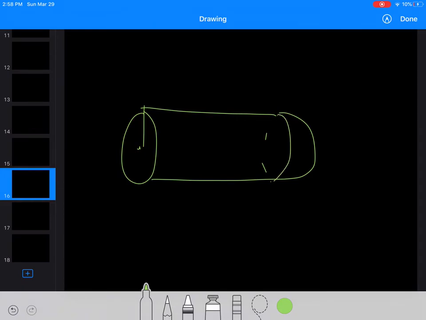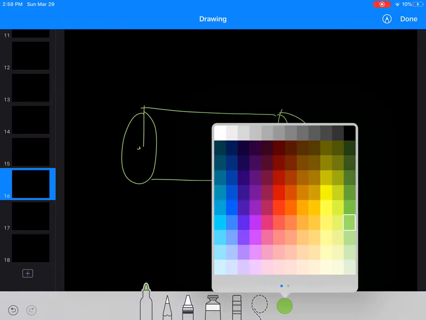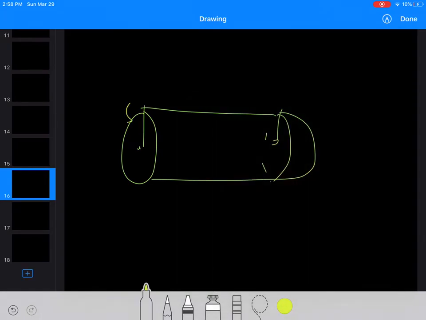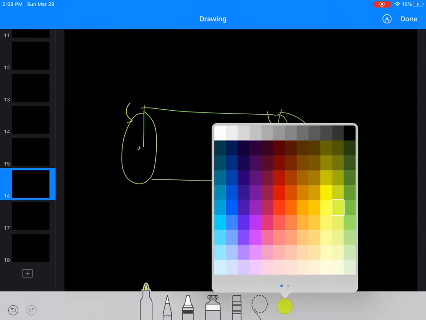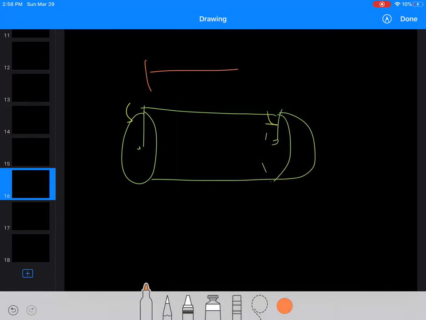The radius R is the same for the cylinder and the hemisphere, so we need to note that. The height is this distance here. In this case, the height will be 3 meters.